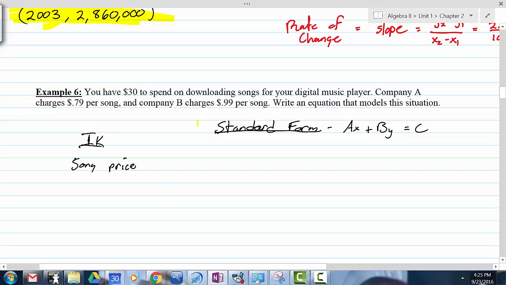And I know I have $30 to spend. That's what I know. What I don't know is the number of songs.